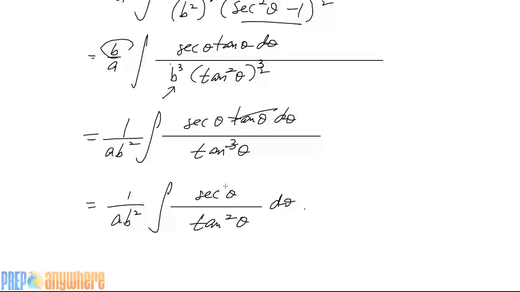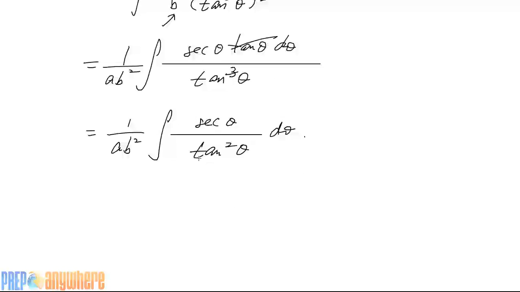It would have been nice if the secant was squared, so that we can let tangent theta equal u, and then we get a nice simple integration. But we don't have a square here. So what should we do? We should convert this into sine and cosine. So this is going to be 1 over cosine of theta, and tangent is sine over cosine.